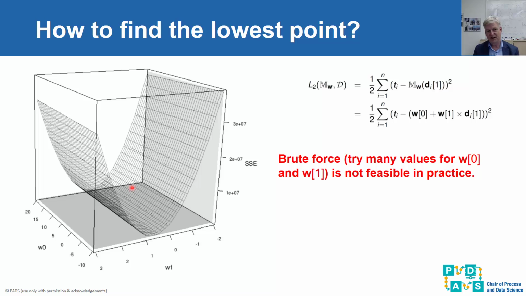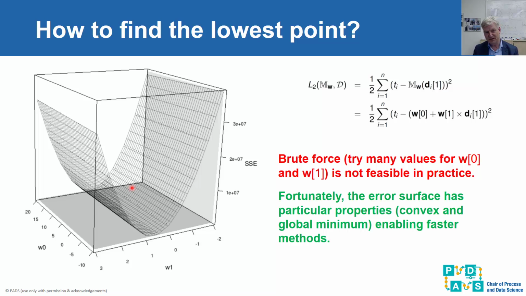So a possible solution would be simply to use a brute force approach. We would simply try many different candidates for W0 and W1, but of course this is not feasible, because we may have many variables, and the variables may span a large spectrum of possible values.